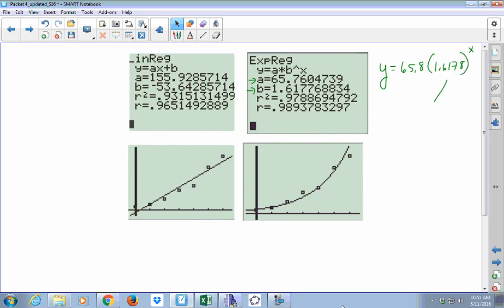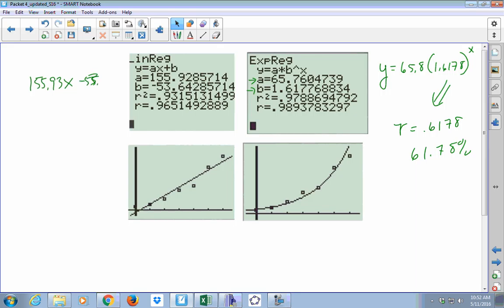So this shows your growth rate is 0.6178, which is about 61.78%. That's, as Mr. Sanders says, huge. All right. And then our linear model here, 155.9, and that's in millions of dollars, don't forget, is the slope.